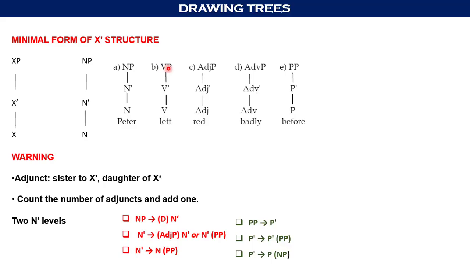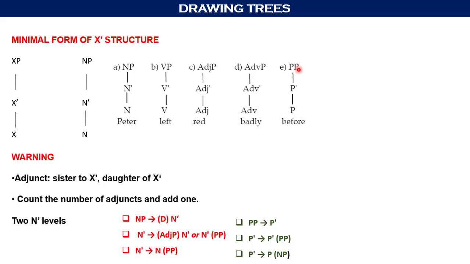If it is a verb phrase and it is only one word, you will have to break it down from VP to V bar and then V. Now if it is an AdjP and there are no modifiers or qualifiers, it will move to Adj bar and Adj. If it is an adverb phrase with no modifiers or qualifiers, it moves to Adv bar and Adv.